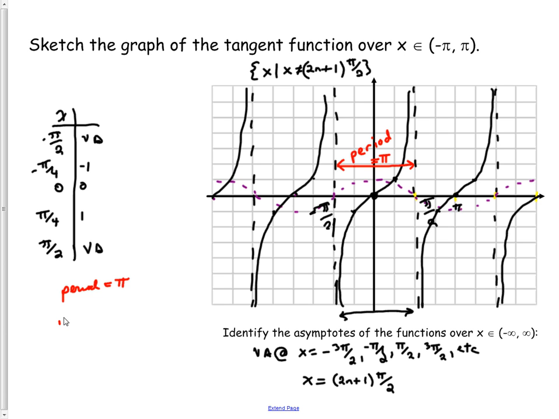There is no amplitude, right? Because our range goes from negative infinity to positive infinity, so we can say that there is no maximum or minimum value.